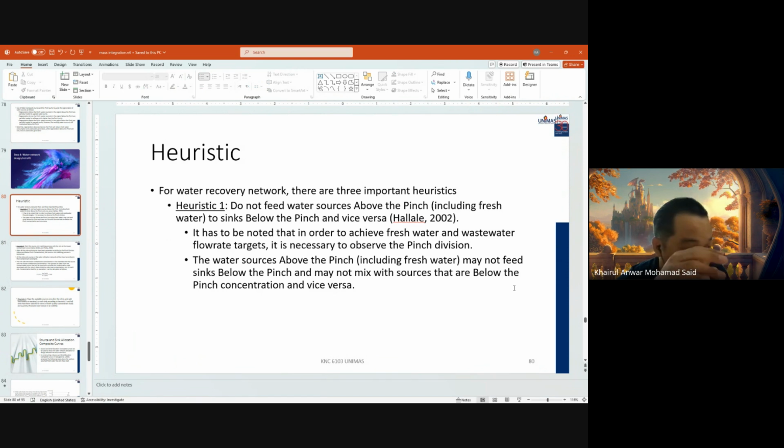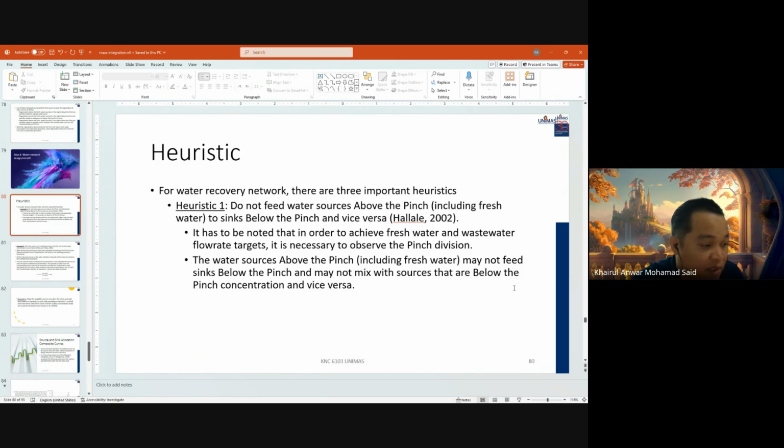Heuristic one is never cross the pinch. Meaning do not feed water source from above the pinch, higher concentration, to a sink below the pinch, higher purity requirement. Doing so will violate the thermodynamic containment and inflate the freshwater demand.